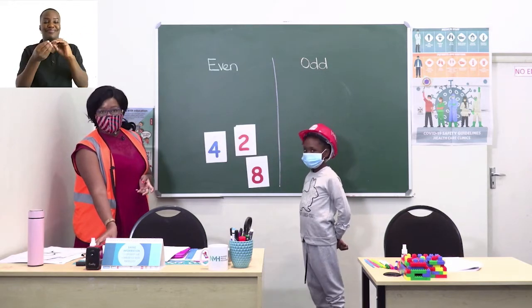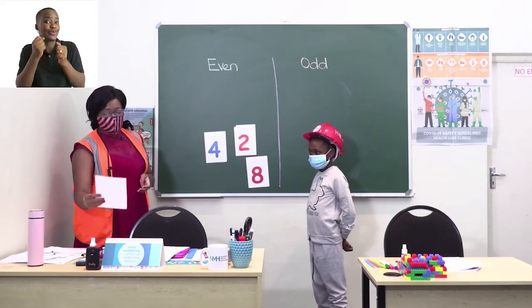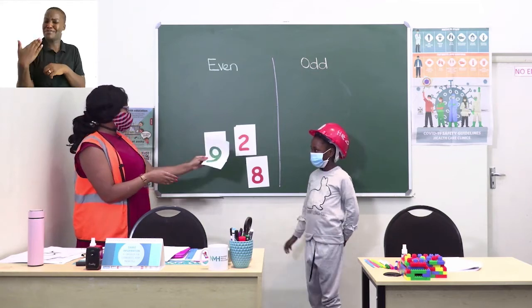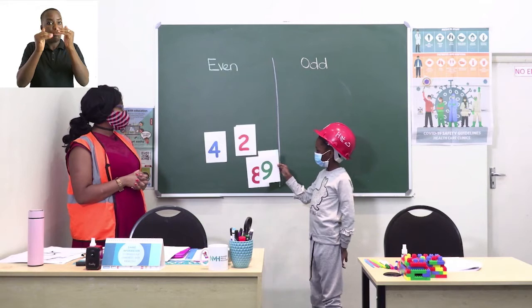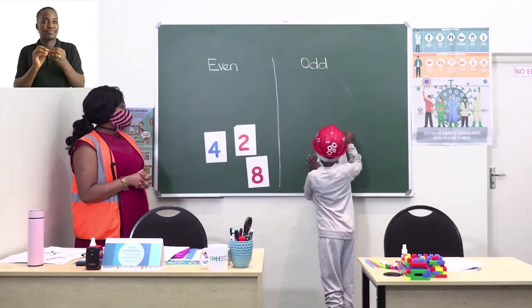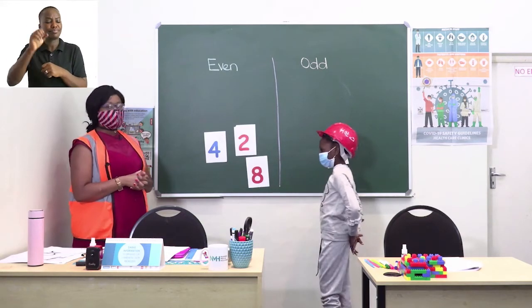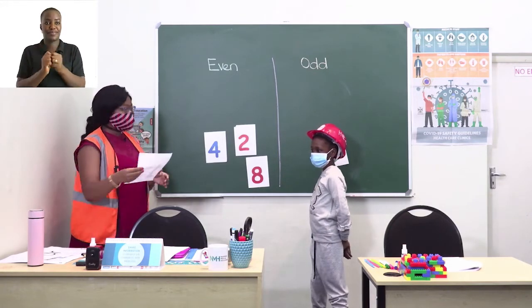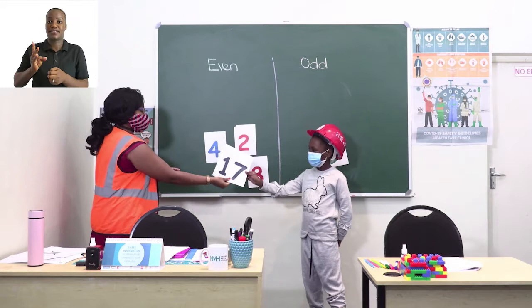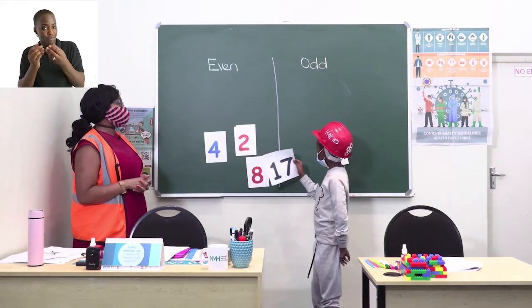I hope you're following at home, and if you are, you must give yourself a pat on the back. The next number we have is 9. Is that an odd number or an even number? Yes, well done! And the last number that we have is 17. Is that an odd number or an even number?